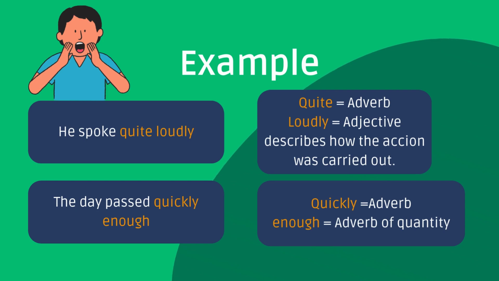Quite loudly is an adverb phrase. Quite is an adverb and loudly is an adverb because it describes how the action was carried out. The next sentence: the day passed quickly enough. Quickly is an adverb and enough is an adverb of quantity.